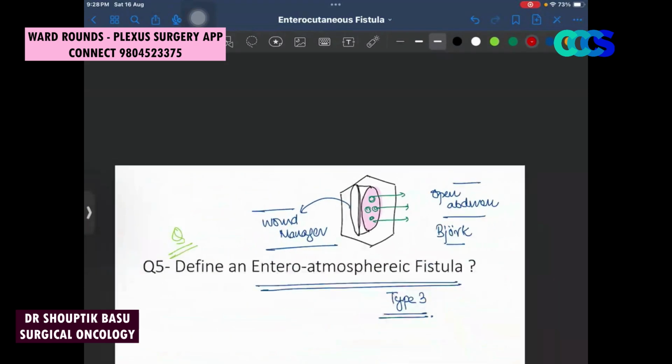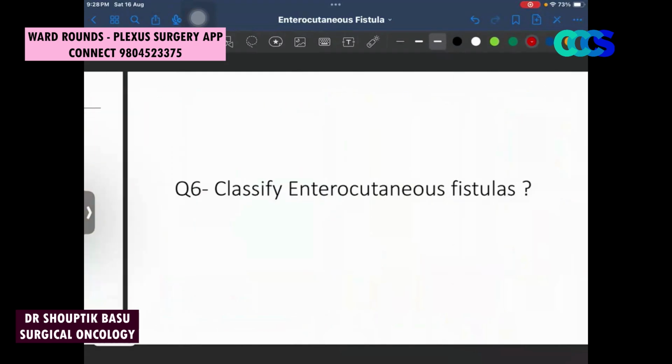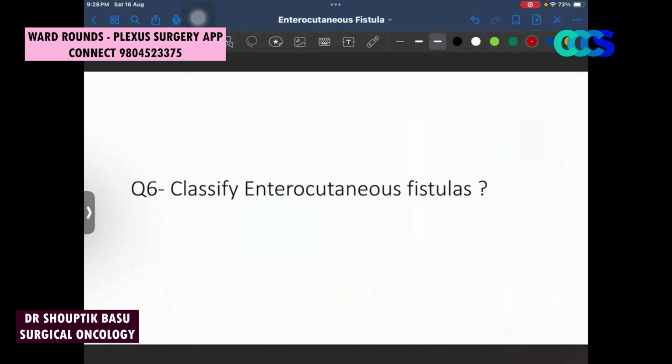Okay. So now, can we classify enterocutaneous fistulas? Go ahead. How can you classify enterocutaneous fistulas? Yes. According to the output, high output fistula and low output fistula. Very good. Then based on the communications, like on the site of origin also.